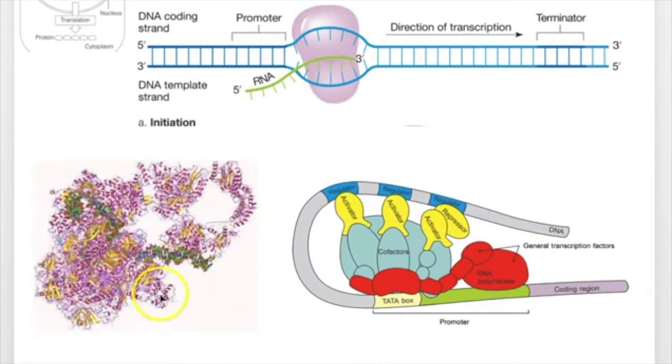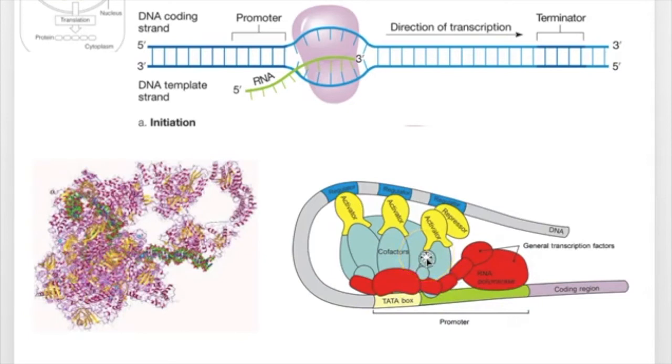And so you've got all of these different structures. So you've got alpha helices and beta helices all together, and then this green stuff is the DNA coming through it. And then this is an artist's depiction of all of the different proteins and cofactors and activators and repressors that come together to actually make this transcription process work.